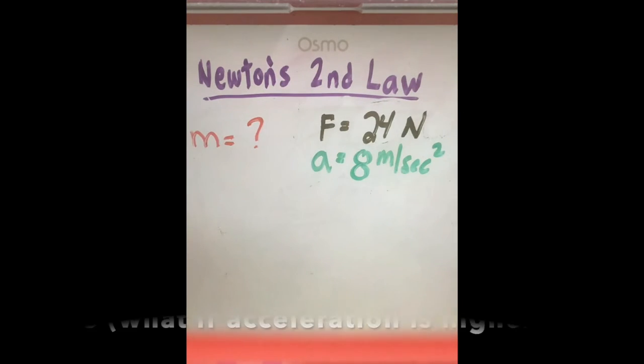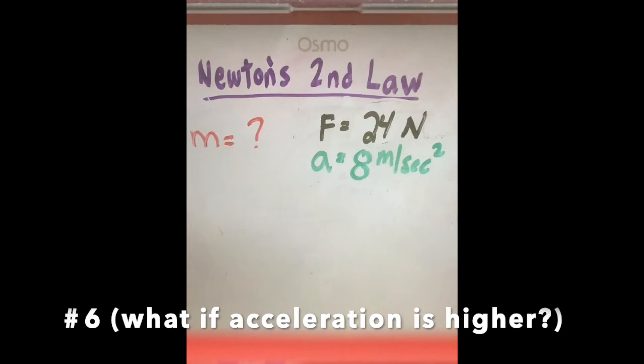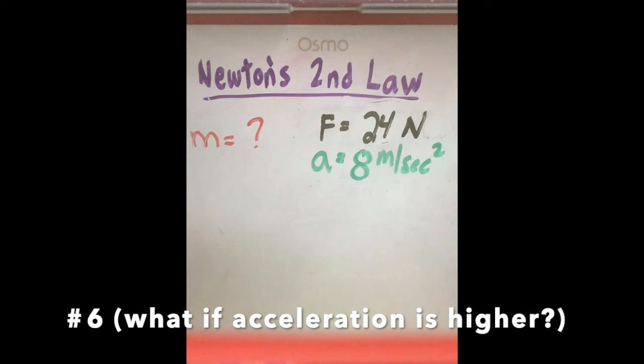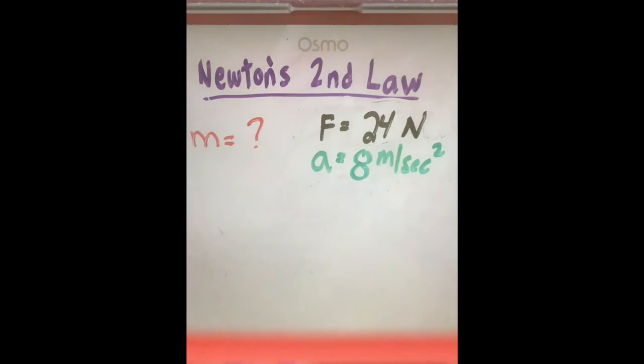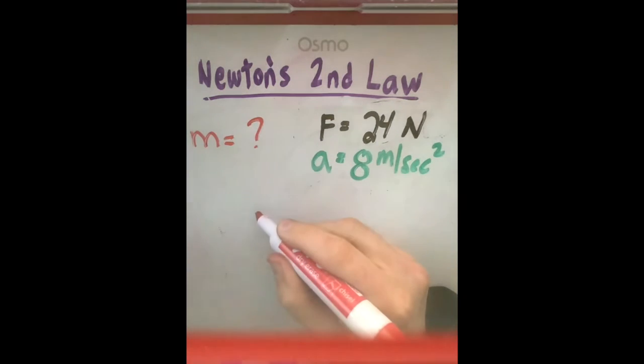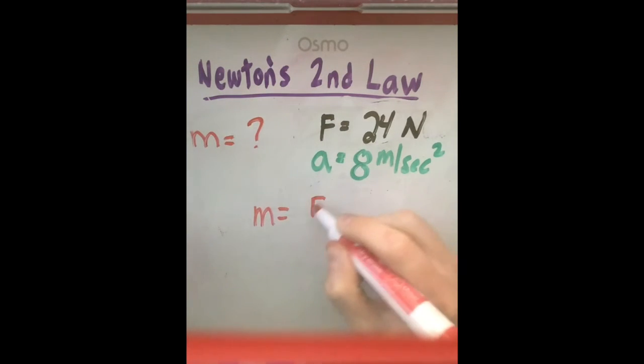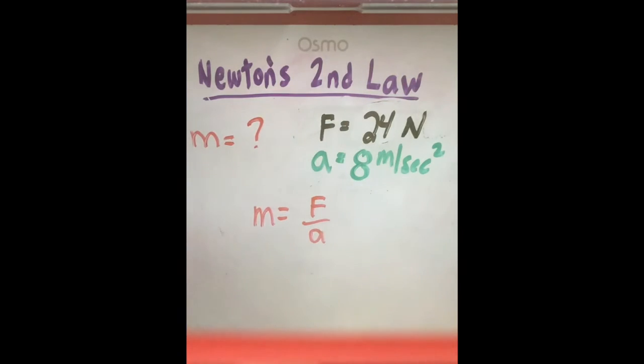Here's another. What is the mass of an object that has an acceleration of 8 meters per second squared when a force of 24 newtons is applied to it? Same formula. Now we plug in our force and our acceleration, and we have a mass of 3 kilograms.